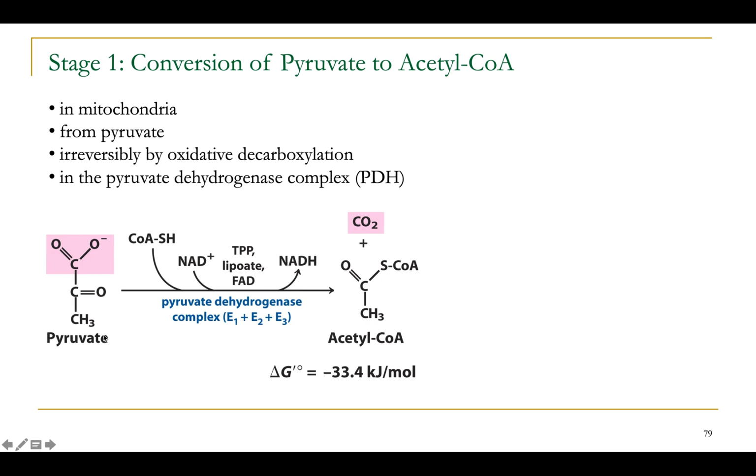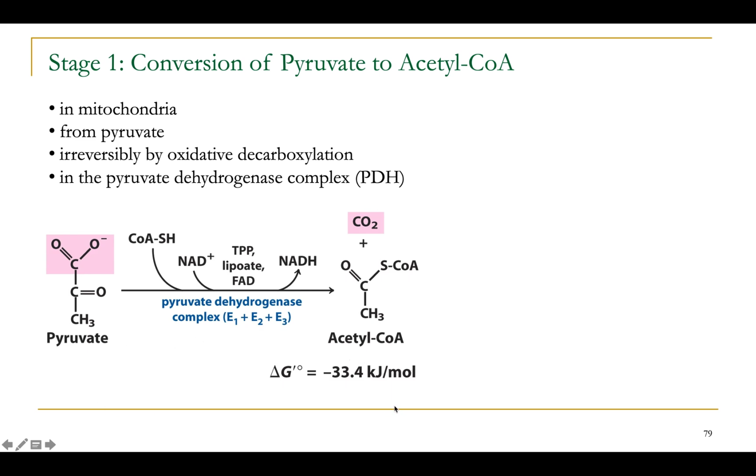So altogether, the reaction is quite complex. It consumes pyruvate, the reduced form of coenzyme A, and the oxidized form NAD plus, and outputs the reduced equivalents in the form of NADH, CO2, and then the thioesterified form of coenzyme A with an acetyl group, acetyl-CoA.